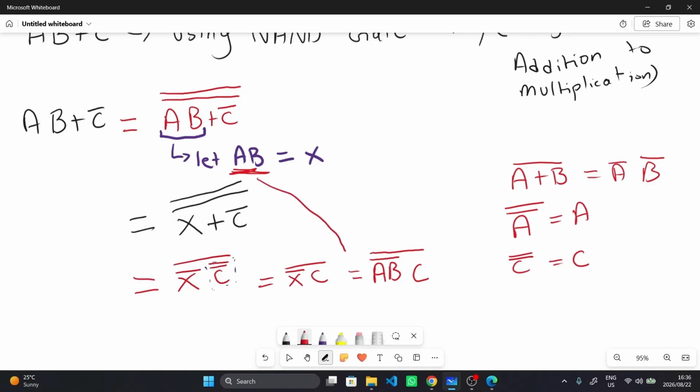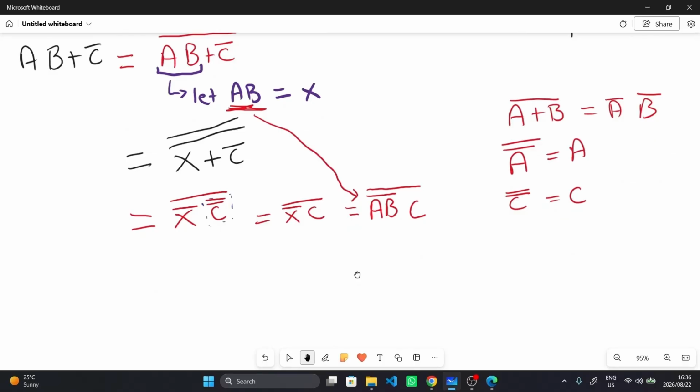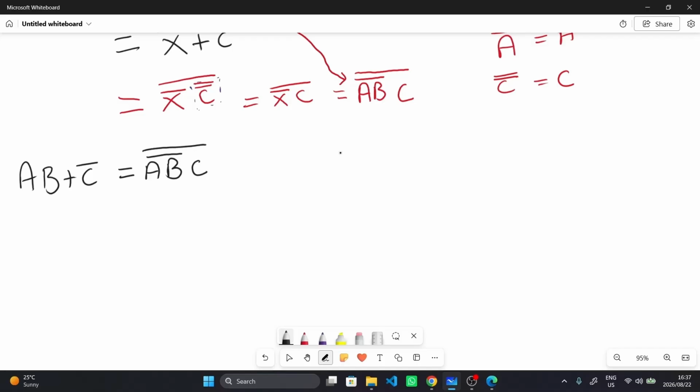So as you can see, we bring back that AB. So now we have done this. We converted this into this equation. We can say AB plus C complement into NAND gate only, which is A B complement times C, and everything complement, right?